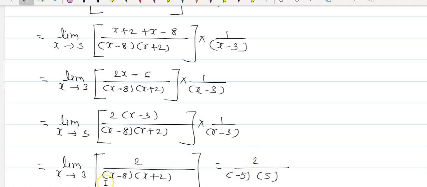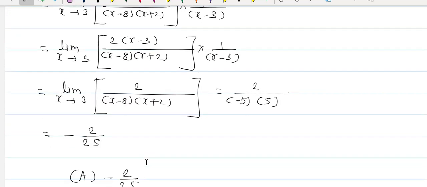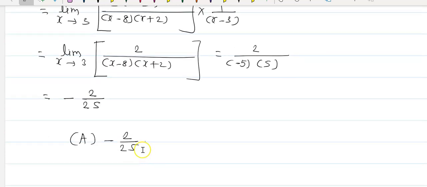Therefore you will get 3 minus 8, which is minus 5, and 3 plus 2, that is 5, that is equal to minus 2 upon 25, and hence the option A is the correct one, which is minus 2 upon 25.